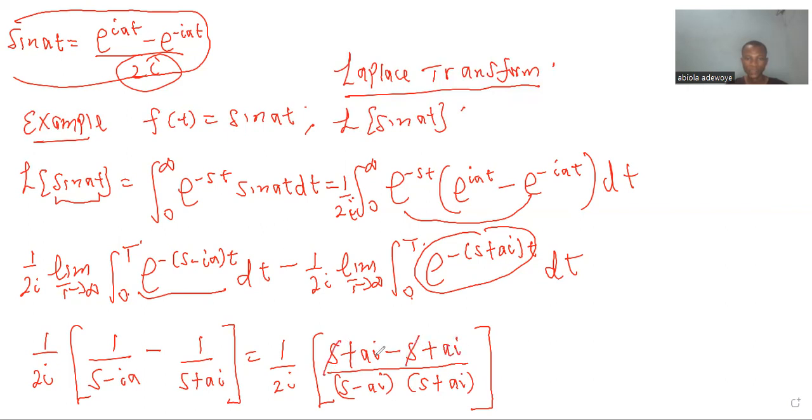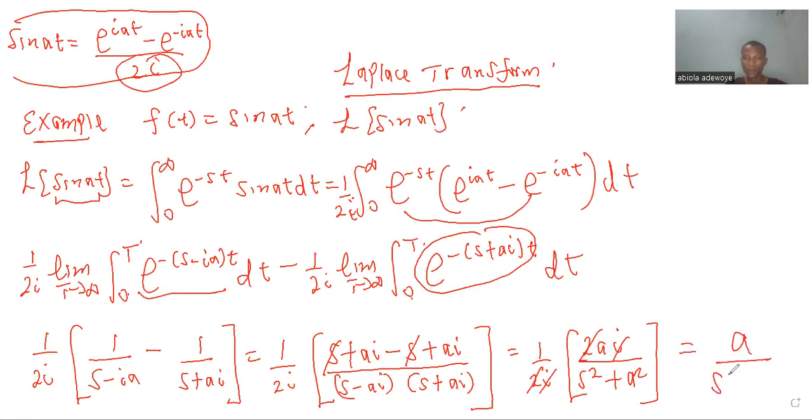This will cancel this, and I'm going to be left with 1 over 2i, open bracket, 2ia over s squared plus a squared. So we cancel 2, i will cancel i. So it means I'm going to have a over s squared plus a squared.